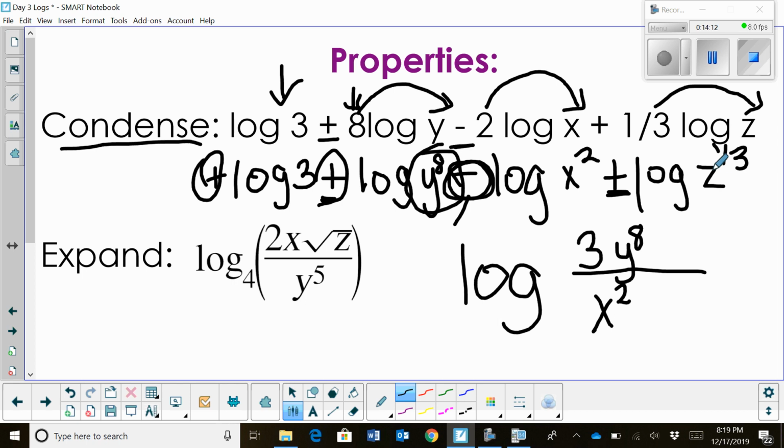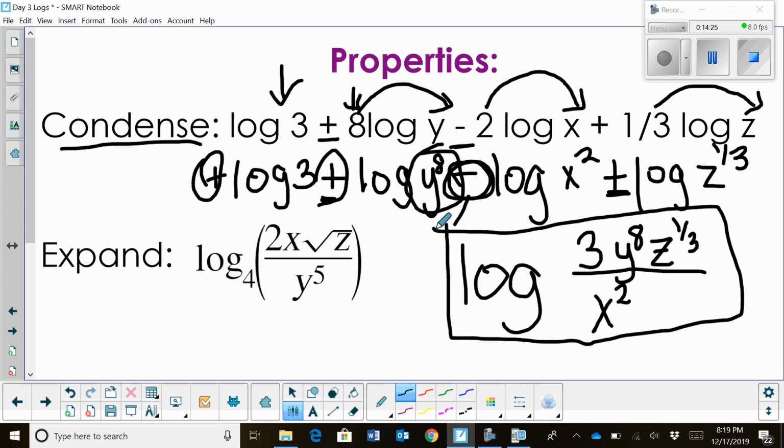And I'm going to have z to the 1/3. So I can write z all to the 1/3 power. I could also write it as a cube root, depending how it's presented. And that is how you condense logarithms. So what do you do first? Power rule, which is move the coefficients up, and then all addition is products, all subtraction is division, or you divide by that. And there's how you simplify that one.